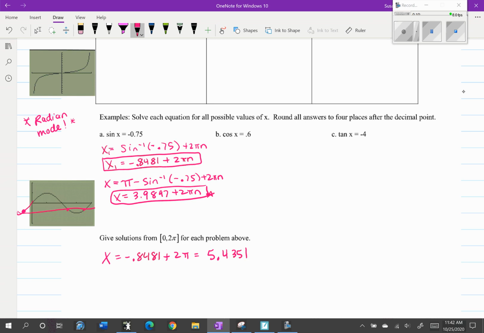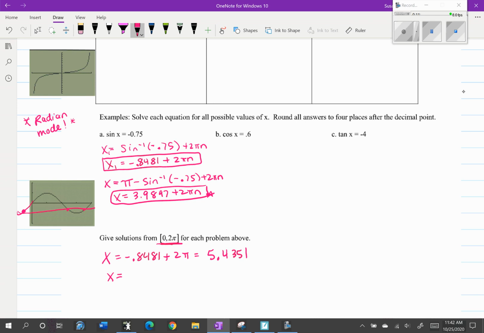This answer is okay because it is in between 0 and 2 pi. Sometimes a question will say find all the solutions, and sometimes it'll say find the solutions from 0 to 2 pi.